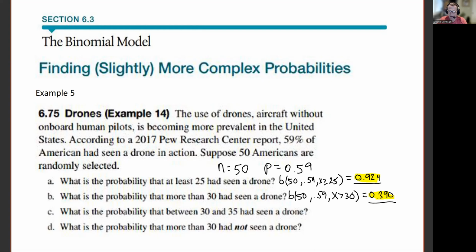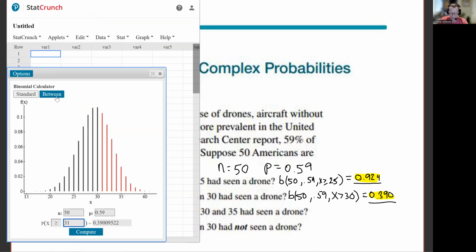Part C, what is the probability that between 30 and 35 had seen a drone? So that means that we need to add the probabilities of all the numbers between 30 and 35. Fortunately, in StatCrunch, we have another option, as we will see, to go between 2 numbers. So fortunately, it will add them up for us, makes our life a little bit easier.